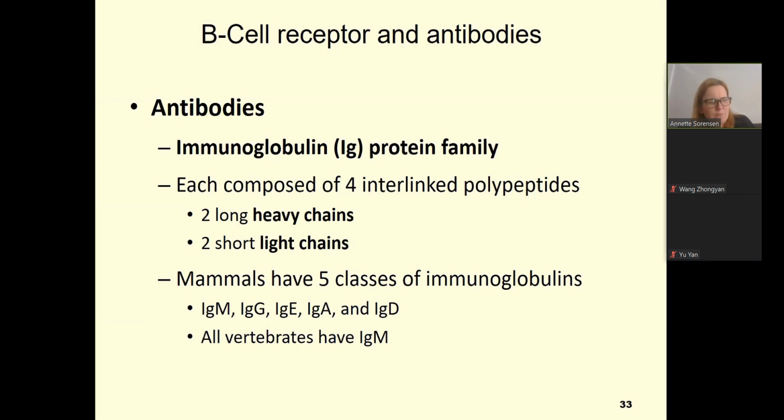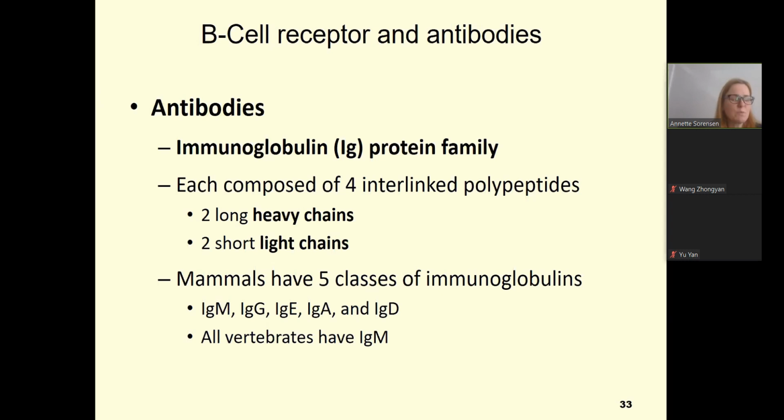So the receptor on the B cell, which is recognizing that antigen in the first place, the antibody that is produced is very similar to the receptor. There's obviously a transmembrane domain in the B cell receptor, which you obviously don't have in the antibody because it's circulating.